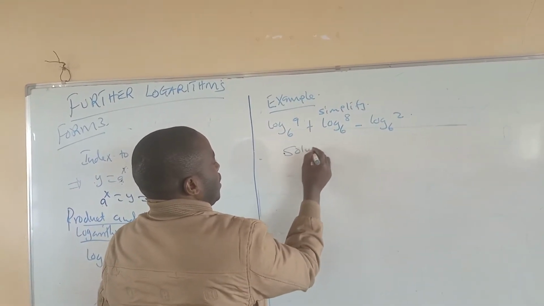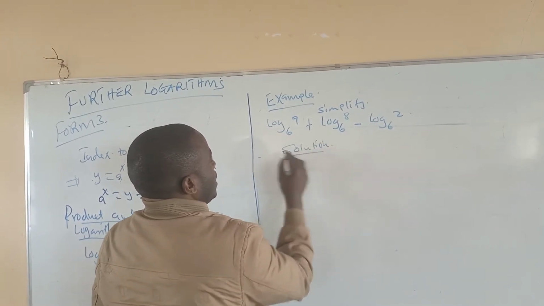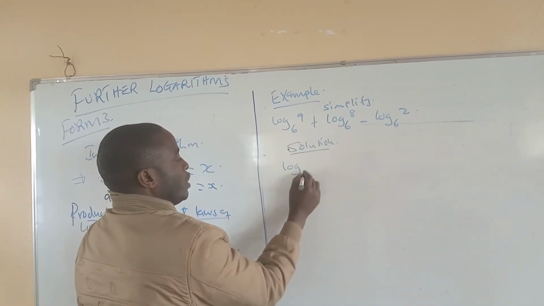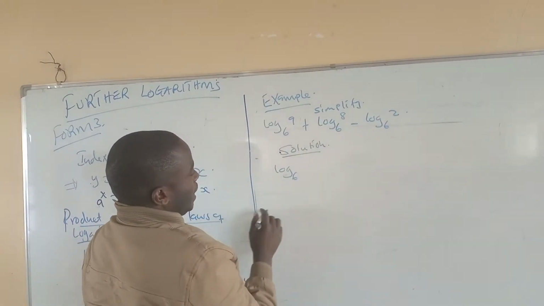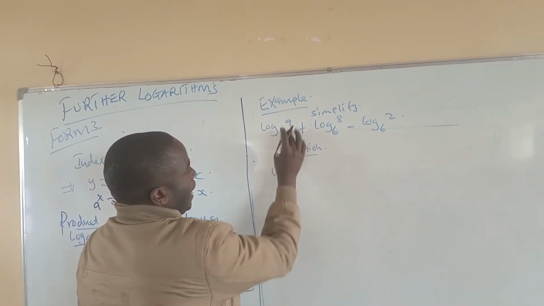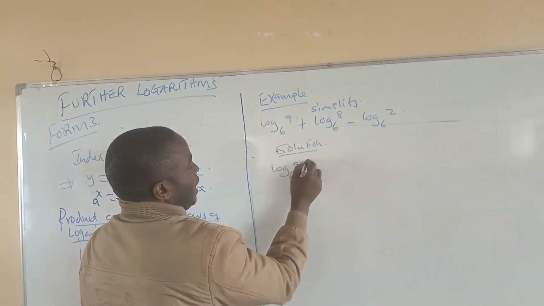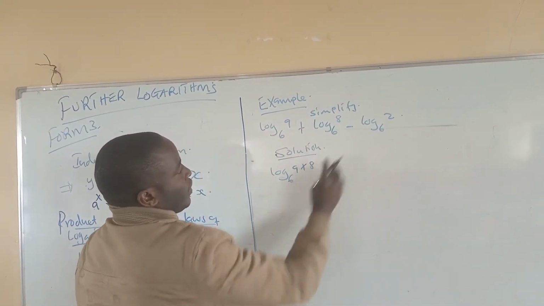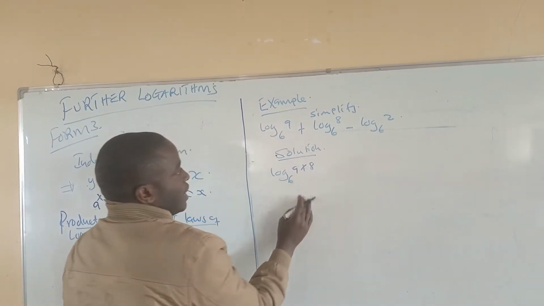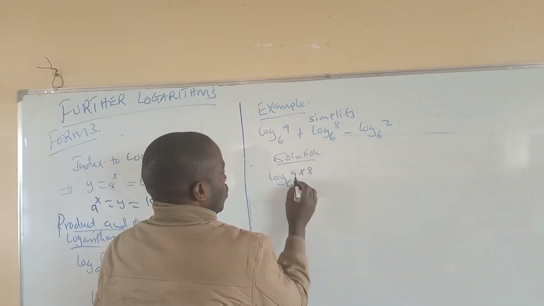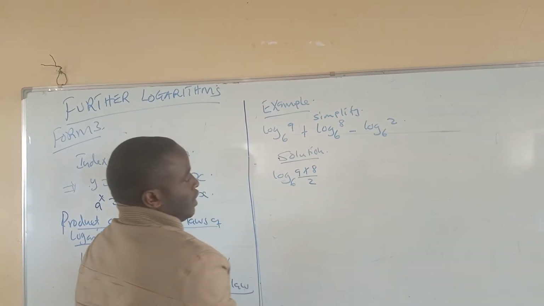So the solution here: this is log to base 6. Because this is an addition, it will be multiplied, so that is 9 times 8. And then there is a minus, so that means there was a division by 2.